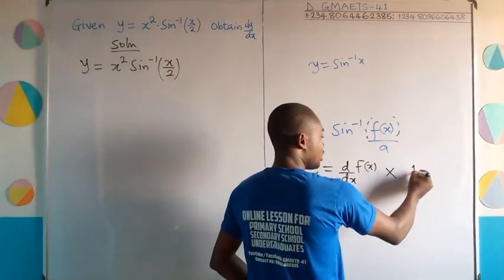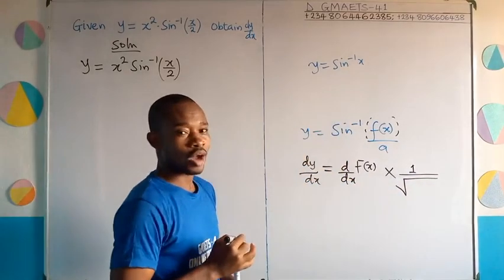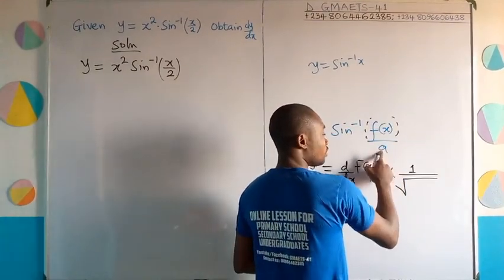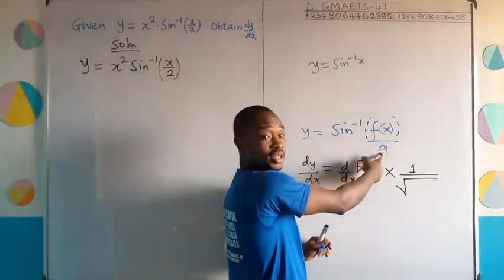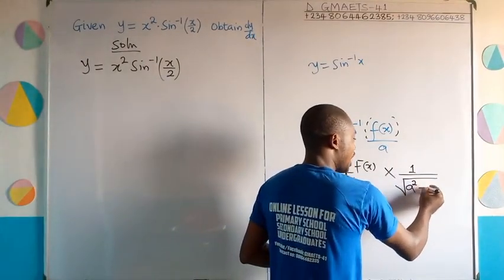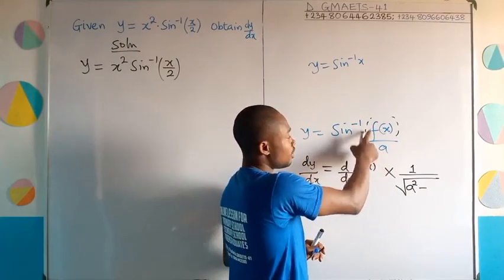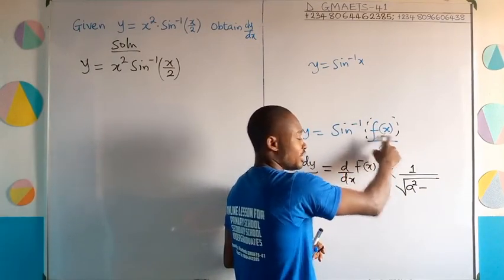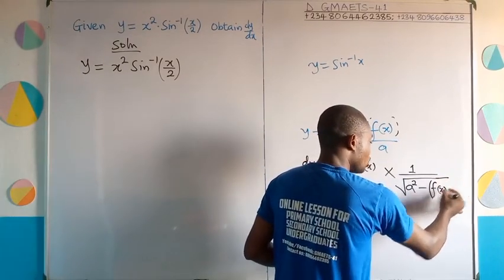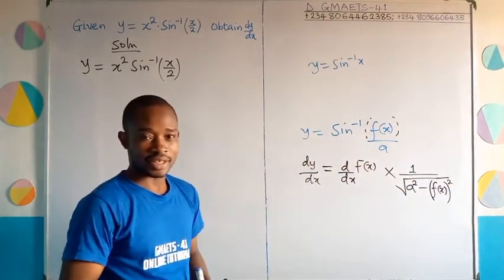Watch as I pick them from this term. It's going to be square root of, you see this denominator, this a is a constant, a number, so it's going to be square root of a squared minus f of x all raised to power 2. That is the standard.